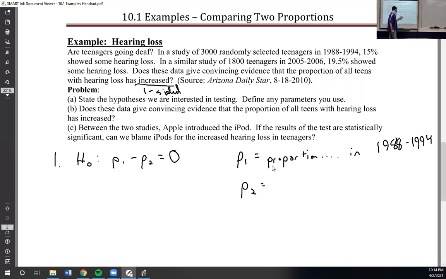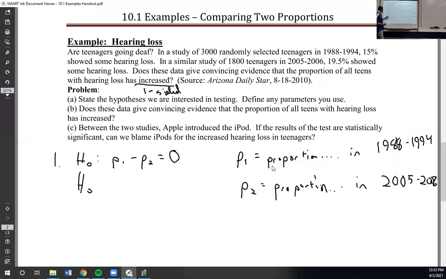P2 is the proportion of teenagers that suffered some hearing loss in 2005 to 2006. Again, you would write all that out. For the sake of time in this meeting, I'm shortening it to the important detail.